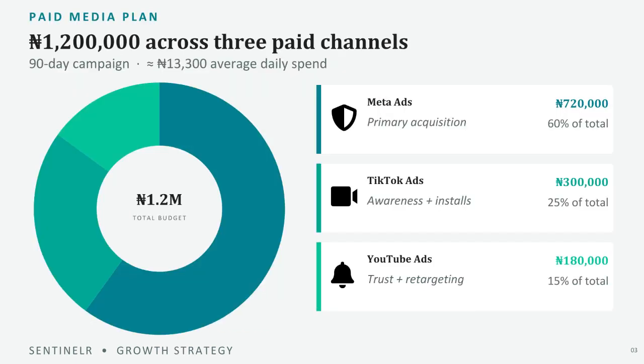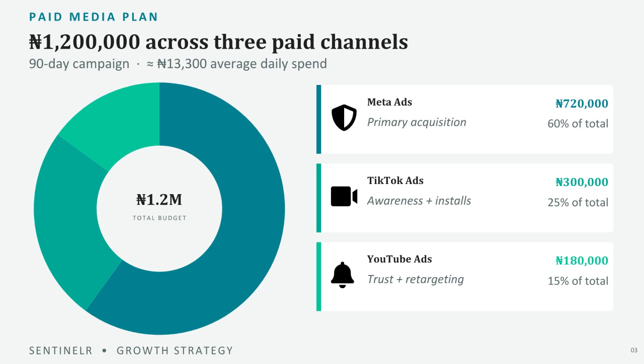The paid media plan will be spending 1.2 million naira across 3 paid channels. Over the 90-day campaign, the average daily spend is going to be 13,300. We'll be spending that every day. For Meta ads, we are looking towards spending 60% of the budget, 720,000.